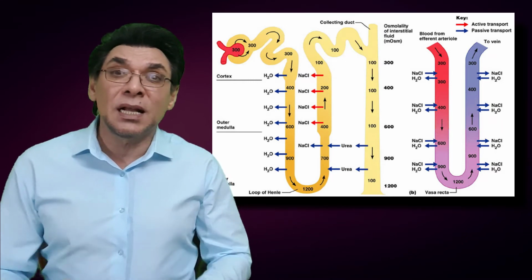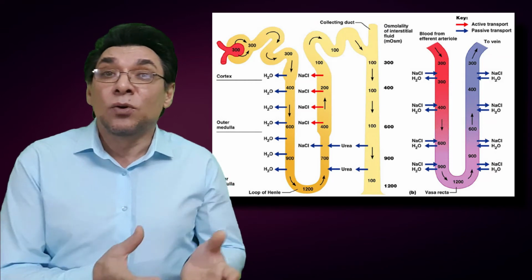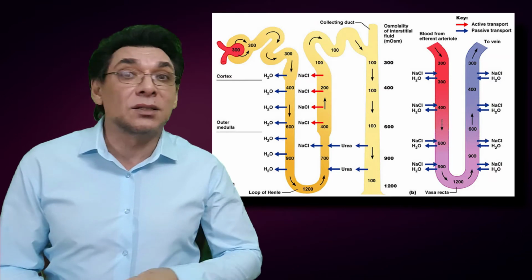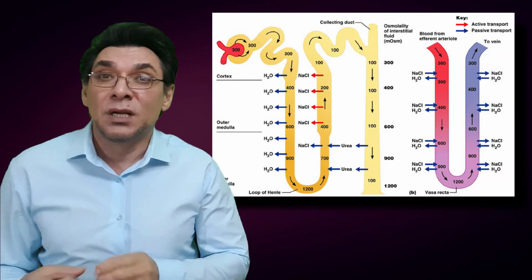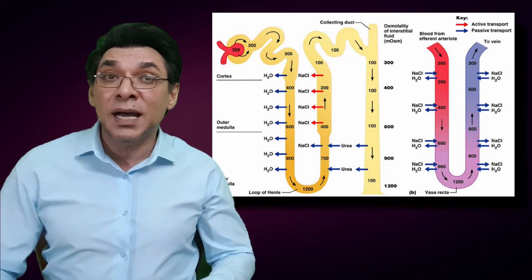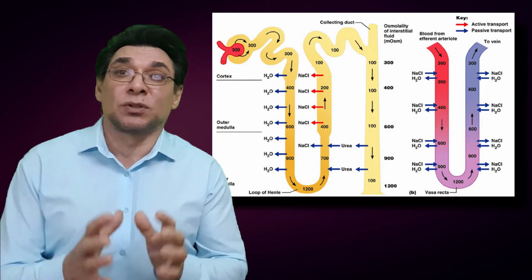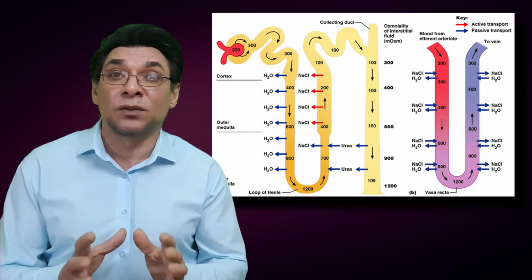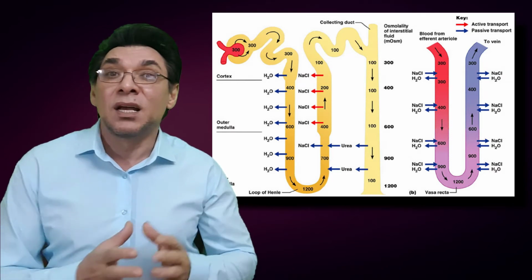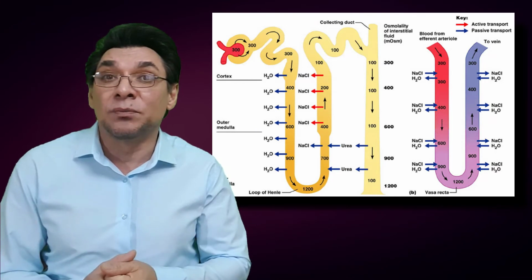The cuboidal cells of the distal convoluted tubule and collecting duct remove water and additional solutes. Sodium and chloride are reabsorbed. Sodium ions are actively transported and chloride ions are co-transported. Also, 19% of the original filtrate volume is reabsorbed by osmosis, leaving about 1% of the original filtrate as urine.